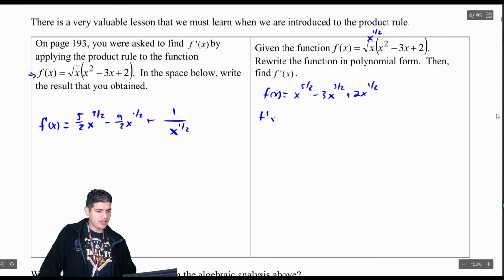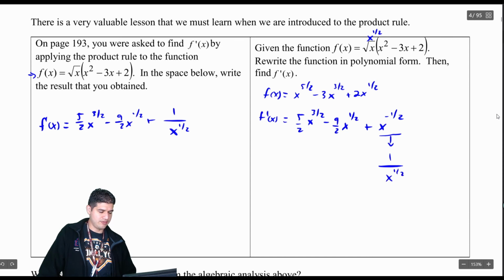And now if I were to just use the power rule here, that would be 5 halves x to the 3 halves minus 9 halves x to the 1 half plus x to the negative 1 half. And this little part right here would turn into 1 over x to the 1 half.